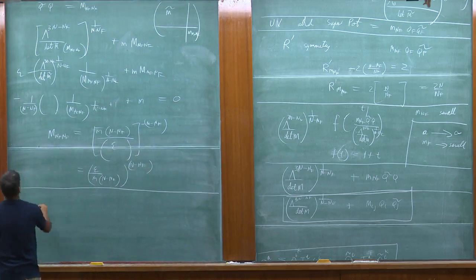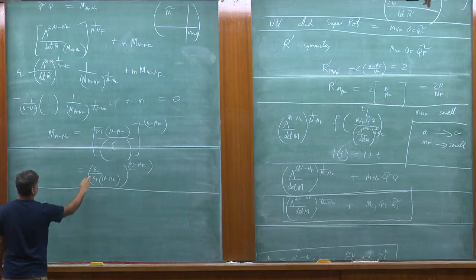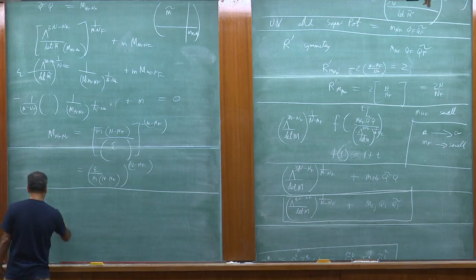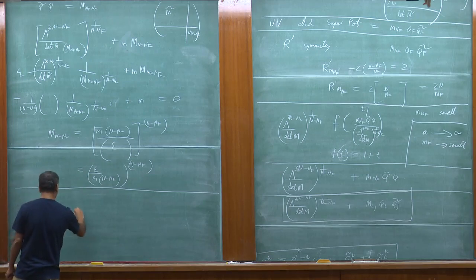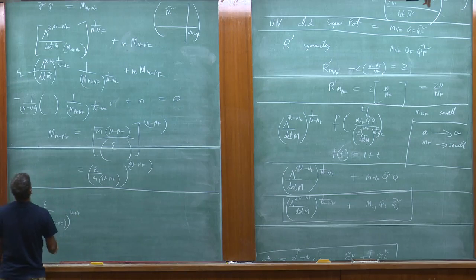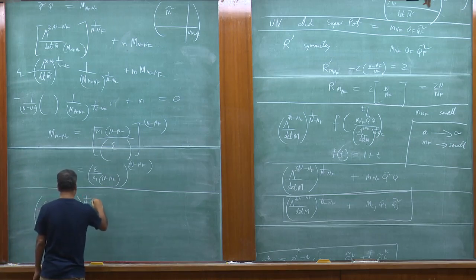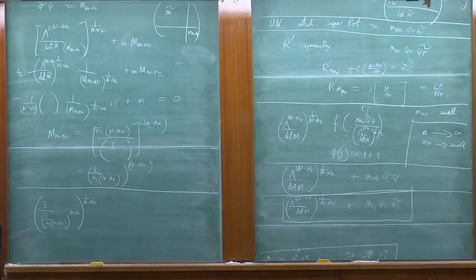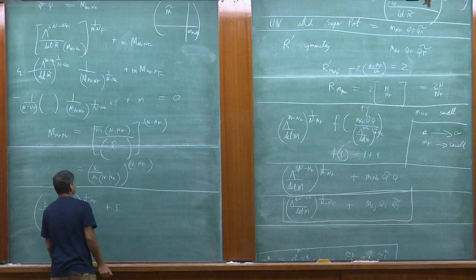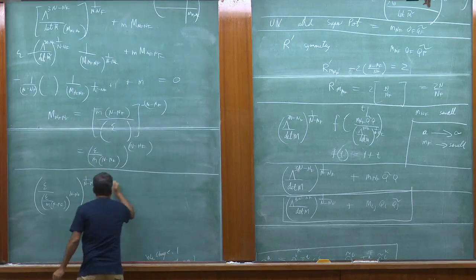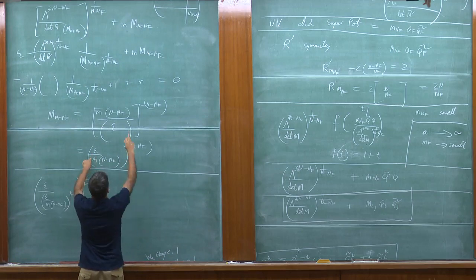We had zeta by this quantity, zeta by m n minus nf to the power n minus nf, to the power 1 over n minus nf, plus this quantity into m.